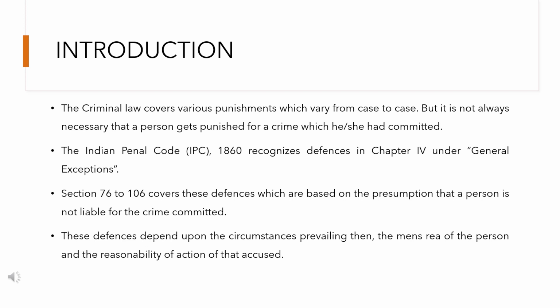Sections 76 to 106 cover these defences, which are based on the presumption that a person is not liable for the crime committed. These defences depend upon the circumstances prevailing then, the mens rea of the person and the reasonability of action of that accused.